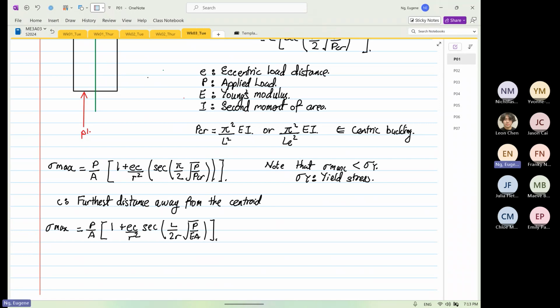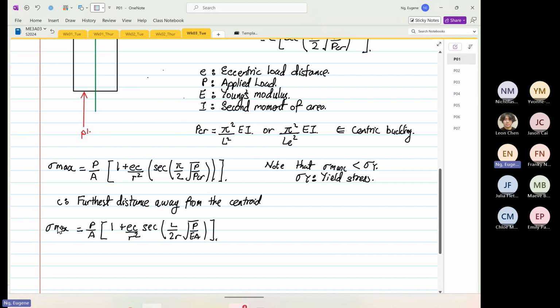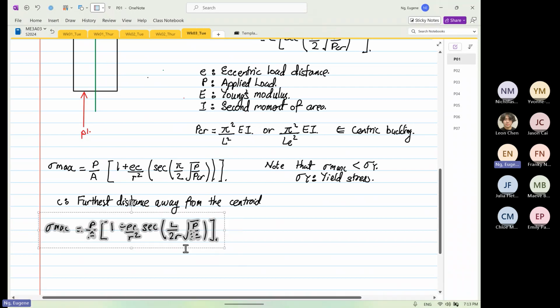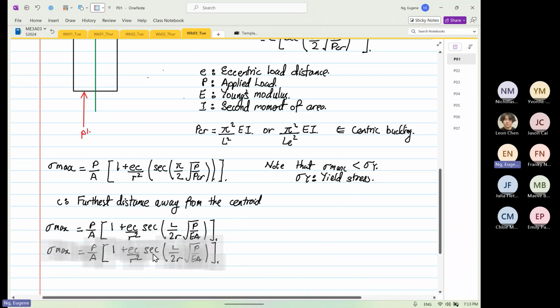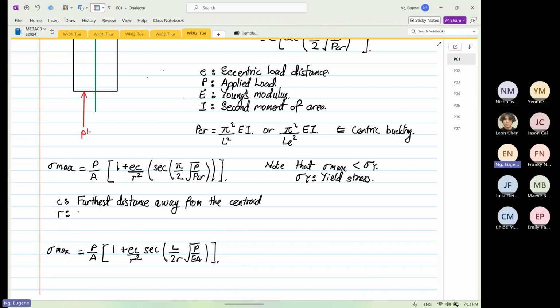There's another term that I did not define, I do apologize: R, which corresponds to the radius of gyration.